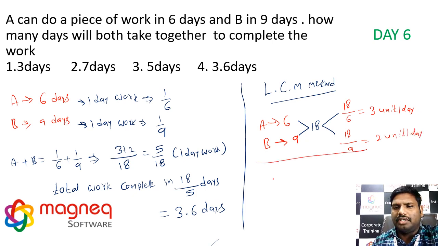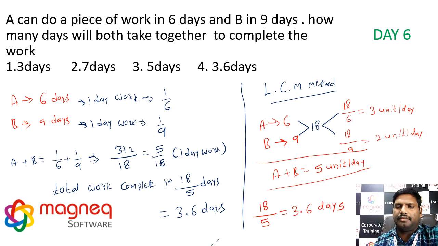Working together, A plus B means 3 plus 2, 5 units per day. LCM 18 means there are total 18 units of work, per day 5 units. So total work is completed in 3.6 days. First one general method, second one LCM method.